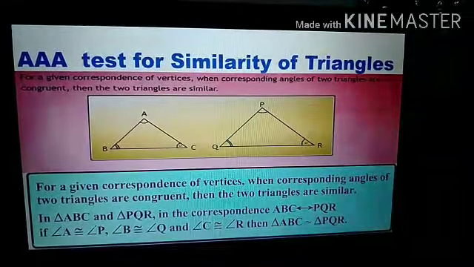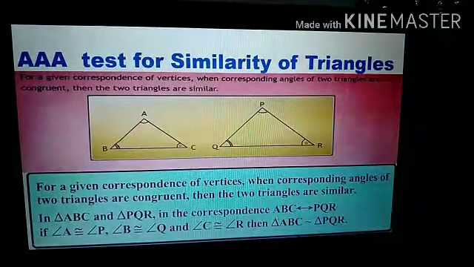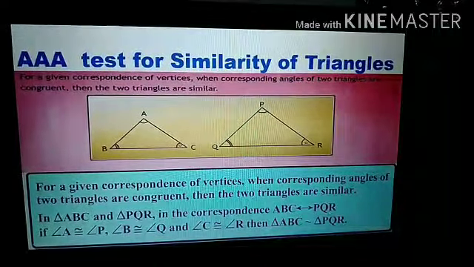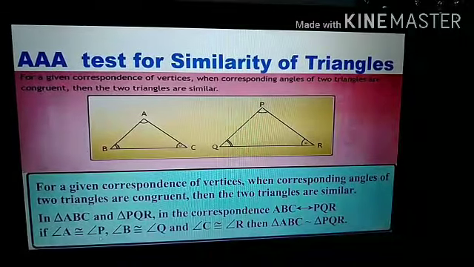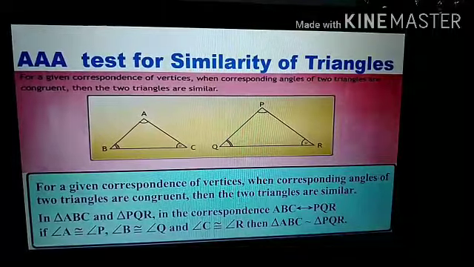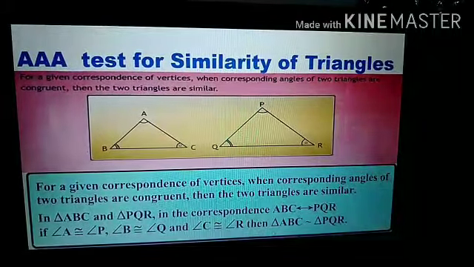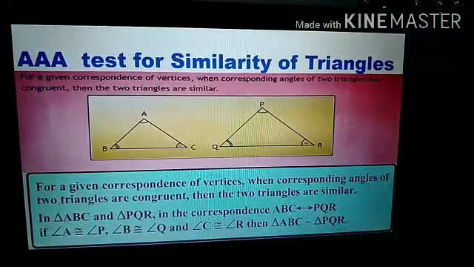In triangle ABC and triangle PQR, in the correspondence A, B, C corresponding to P, Q, R, we have angle A congruent to angle P, angle B congruent to angle Q, and angle C congruent to angle R. Then we can say triangle ABC is similar to triangle PQR.